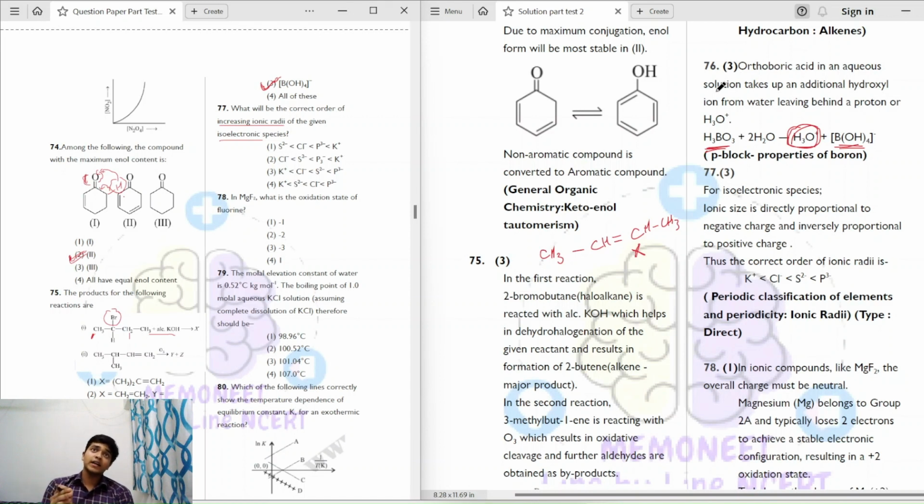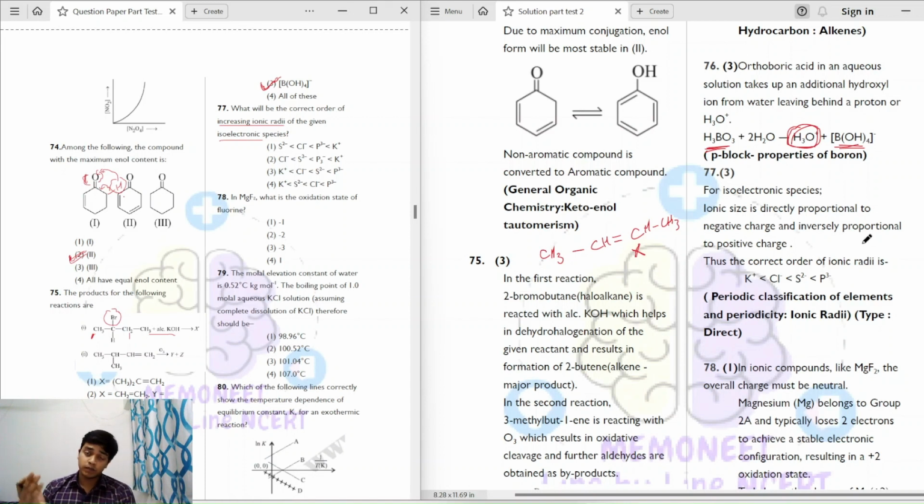As the negative sign increases, the number of electrons increases as compared to the number of protons, so the effective nuclear charge per electron decreases. When the nuclear pull decreases, the electrons can move farther away from the nucleus, increasing the radius of the ion.